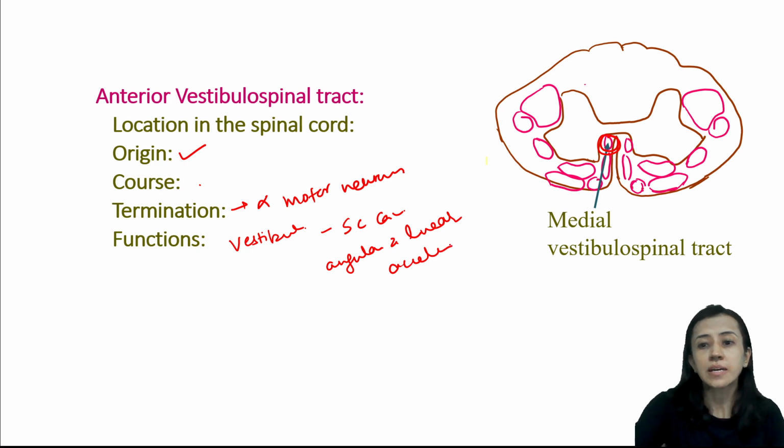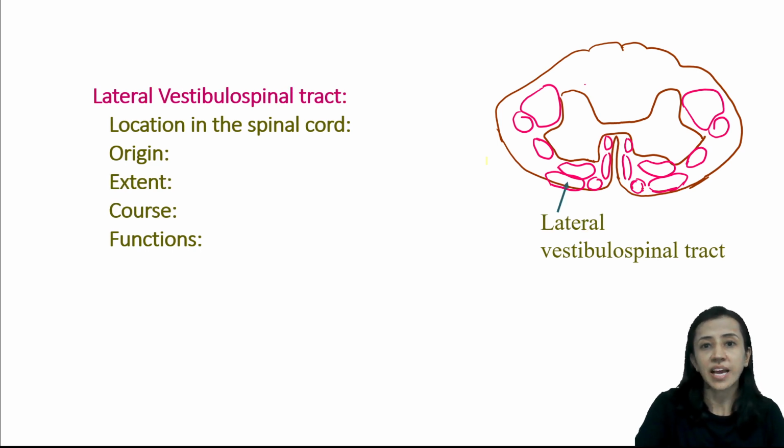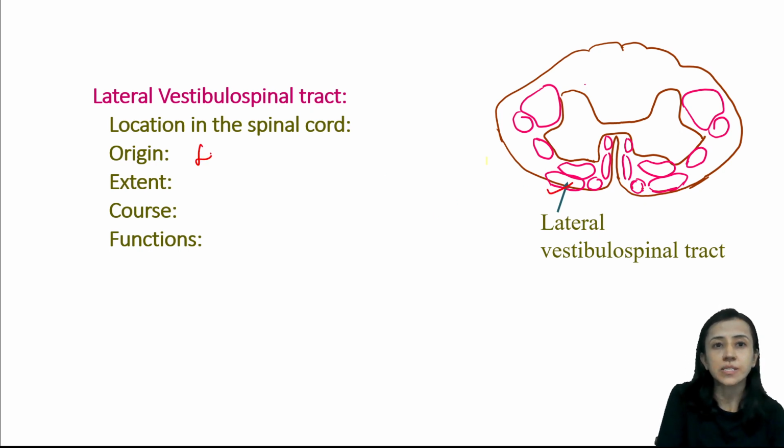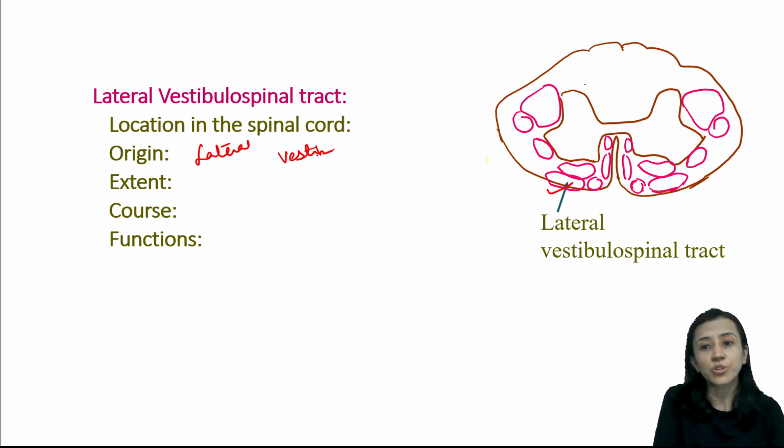Okay, then comes lateral vestibulospinal tract. These are located in the lateral white column here, you can see. They originate from the lateral vestibular nucleus, which is also known as Deiters' nucleus. These fibers are arranged somatotopically. Fibers to the cervical segments originate from the cranioventral part. If you remember, that is fine, otherwise okay.